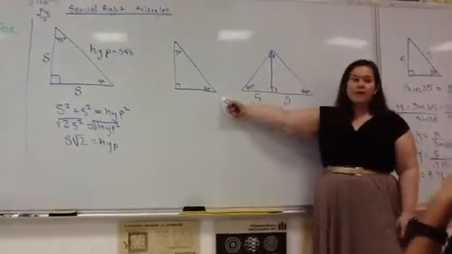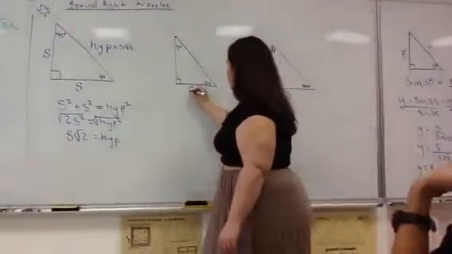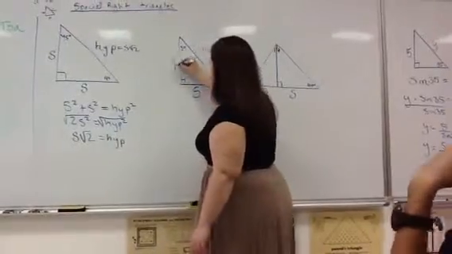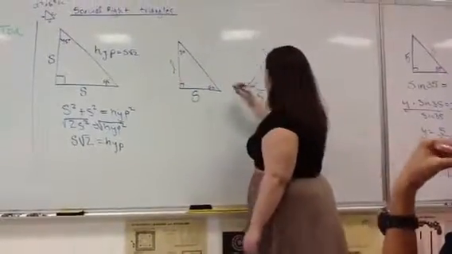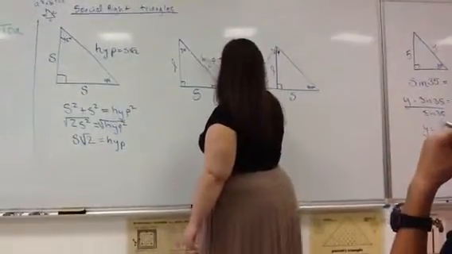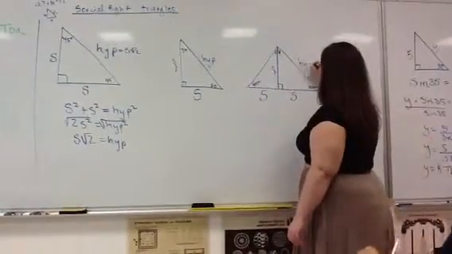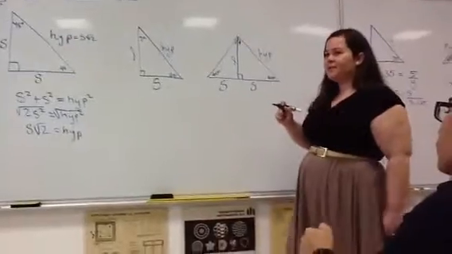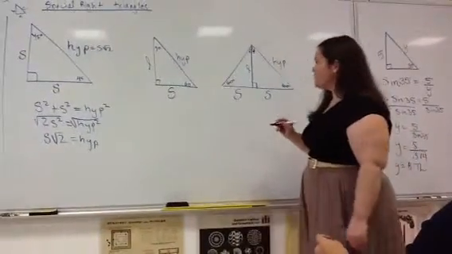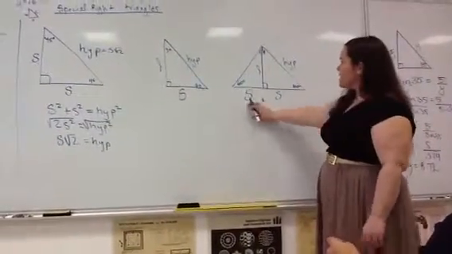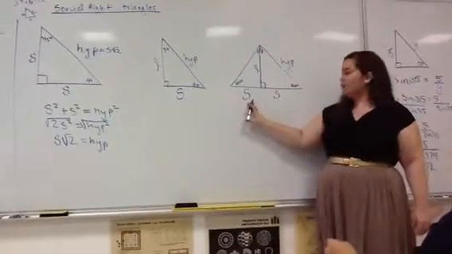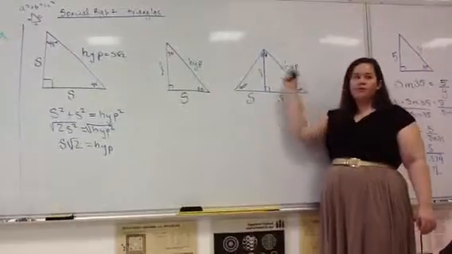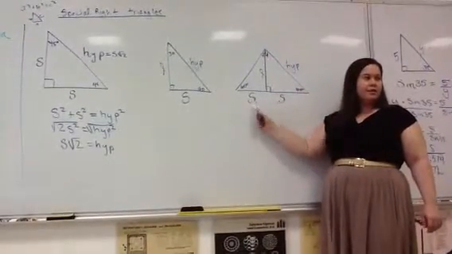So what I'm setting up here is based off of s, we can find the long leg, and we can find the hypotenuse, based on the Pythagorean theorem. Since it's an equilateral triangle, we know that 2 of these will equal 1 of those.